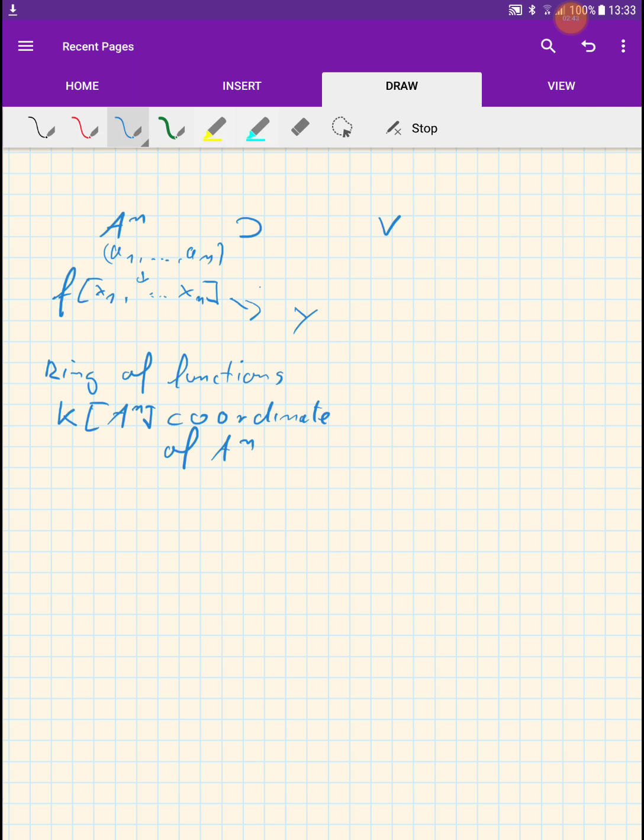And now we want to extend this simple definition to every affine algebraic subset of A^n.